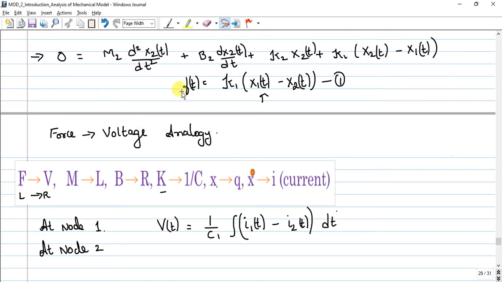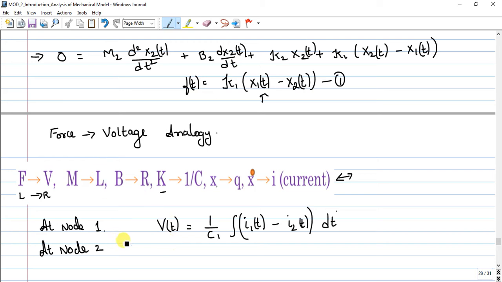So you can see at node 2, when I consider the mechanical system, it was 0, that is equal to m2 d square x2 of t by dt square plus b2 differentiation of x2 with respect to dt, plus k2 x2 of t plus k1 times x2 of t minus x1 of t. So we shall replace using the same concept, and we shall write at node 2.